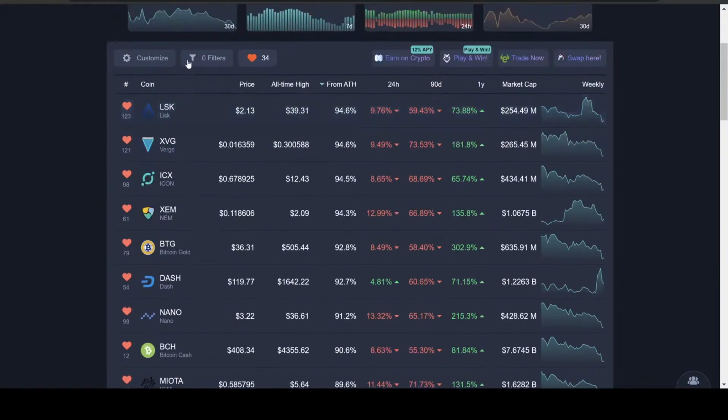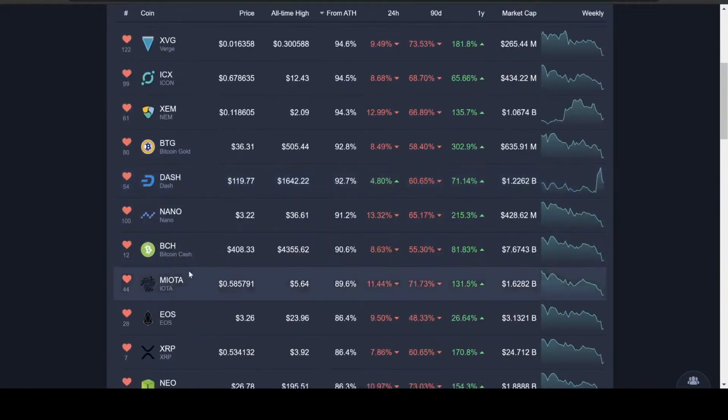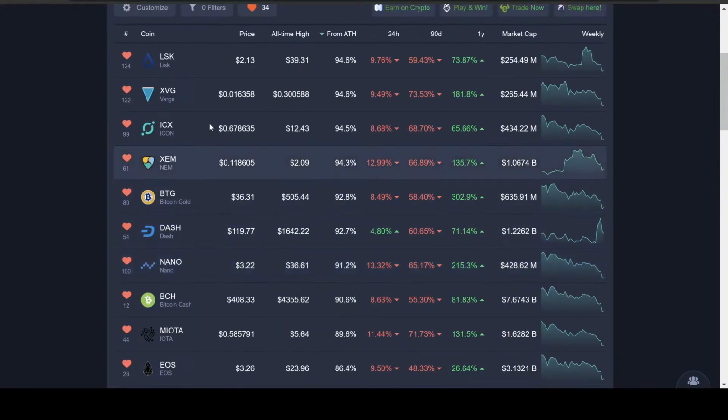So a lot of these coins, by the time we bottom, are going to be down like 99%. I know it sounds crazy, but that's what happened in 2018, and it seems like the trend moving forward as well, because there's not enough money to go around.